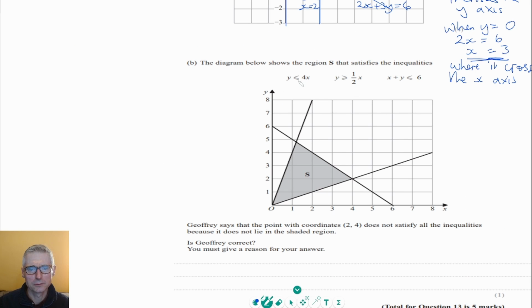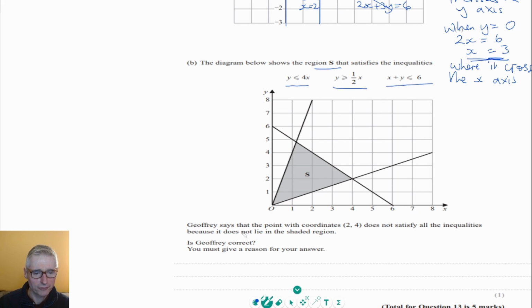For the next part, we're told that we've got a region S that satisfies these following inequalities. So y is less than or equal to 4x, x is greater than or equal to half x, and x plus y is less than or equal to 6.